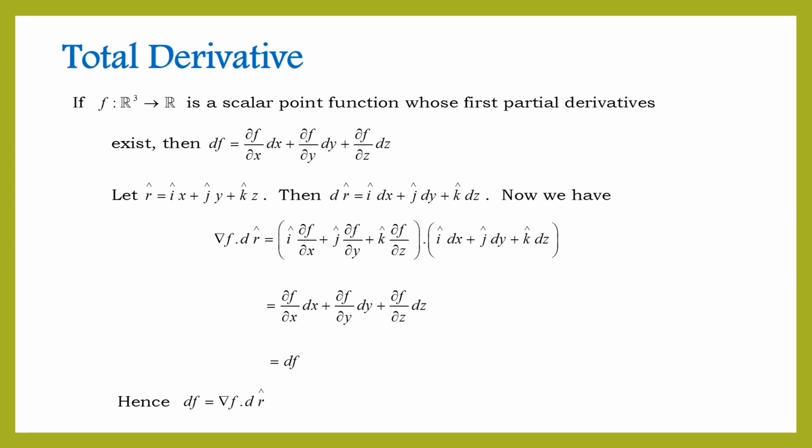If we perform this dot product, we get ∂/∂x dx plus ∂/∂y dy plus ∂/∂z dz, which is nothing but df. So, df equals del f dot dr cap, which is a very important formula to be used in further work.